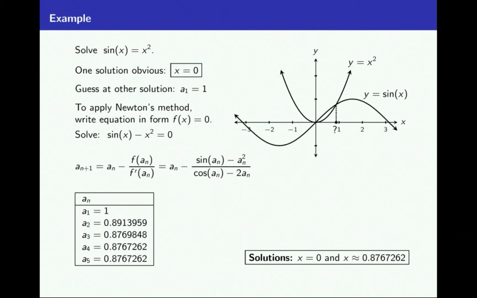By letting n get bigger and bigger, you get a closer and closer approximation to the solution. But we got it to 7 decimal places right here, so we're going to stop there. So there we go. Our second example, we found all the solutions to sine x equals x squared.